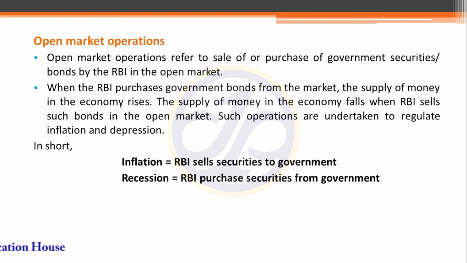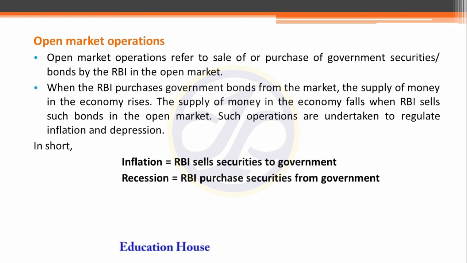When inflation occurs in the market, people have more money, and the Reserve Bank of India wants to control this money in the market. For that purpose, the Reserve Bank of India sells securities. So securities are sold and money is received. Automatically the supply of money is controlled in the market and RBI maintains the liquidity.